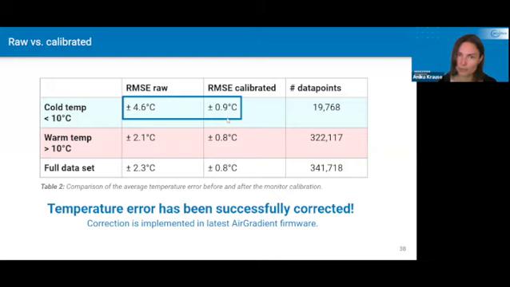And this was now improved to less than 1 degree, which is, I think, an acceptable error for our monitors. So we can say that our temperature error has been successfully corrected. And this correction algorithm, which I showed in the last slide, has already been implemented in the latest AirGradient firmware.